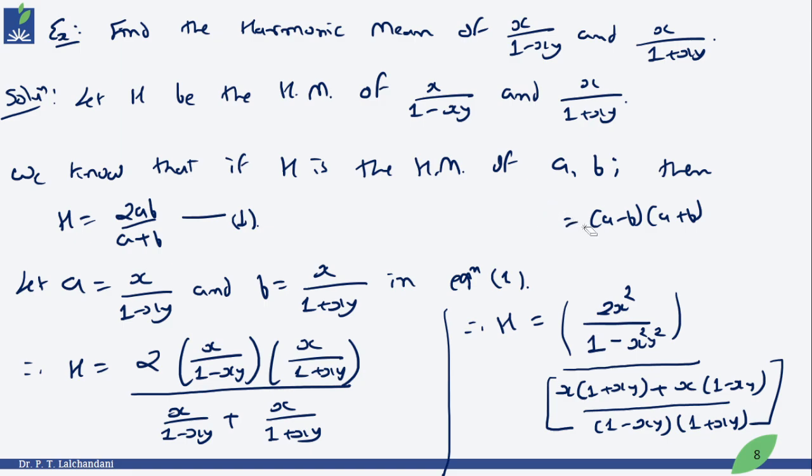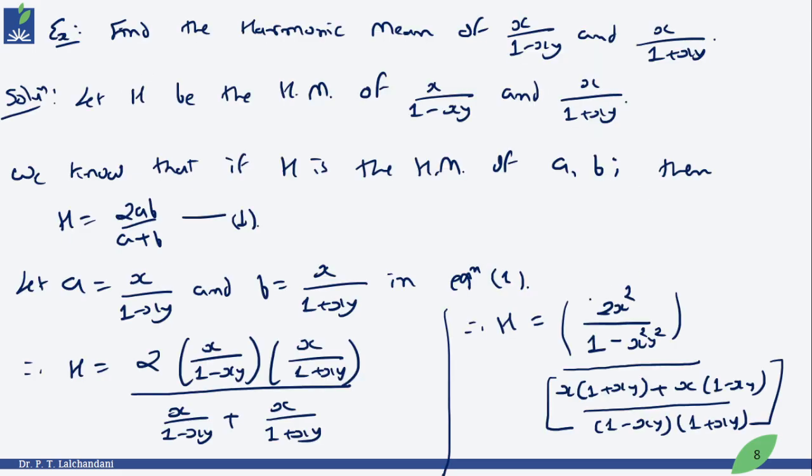So what happens now? We know the rule that denominator of denominator will go in numerator. Denominator of denominator will go in numerator. So what will happen? This 2x square will remain as it is.